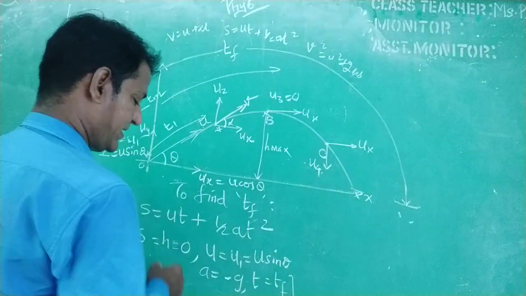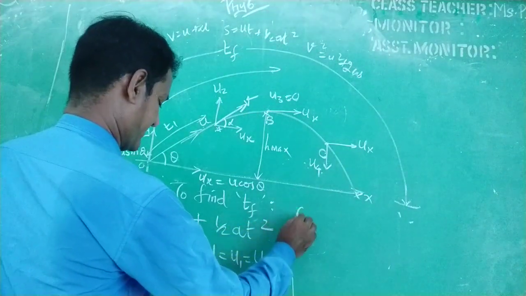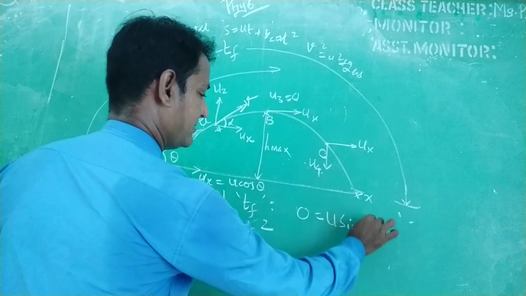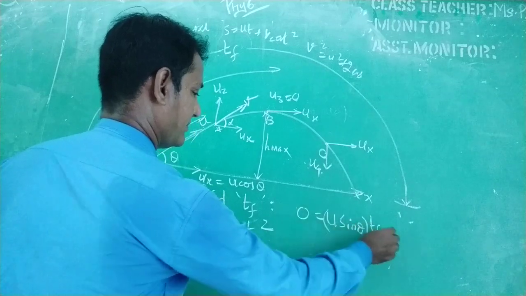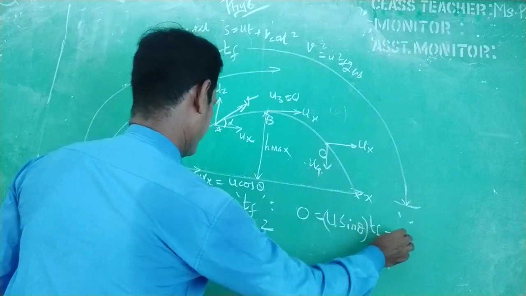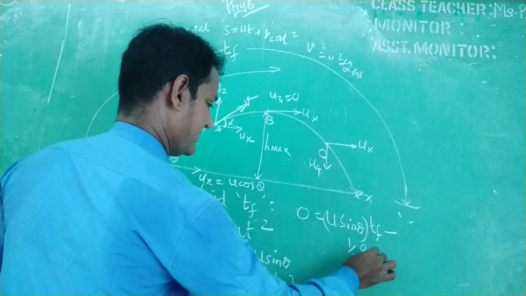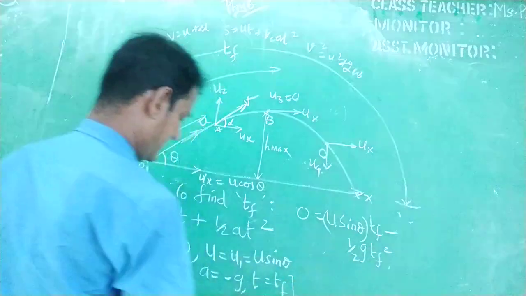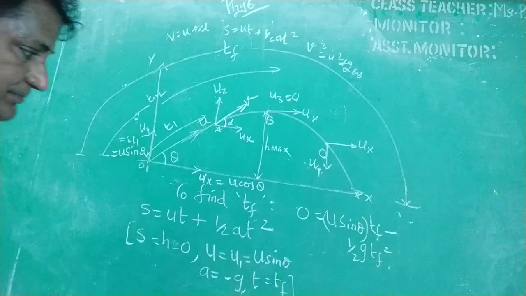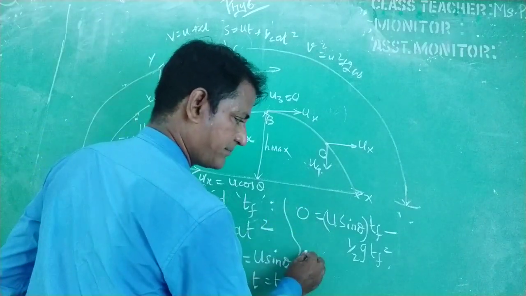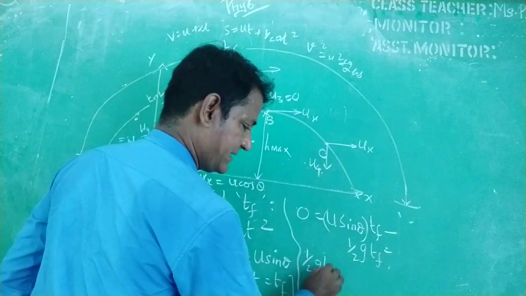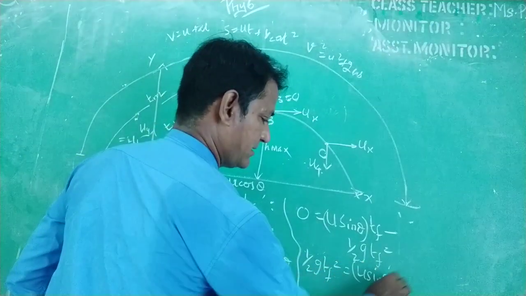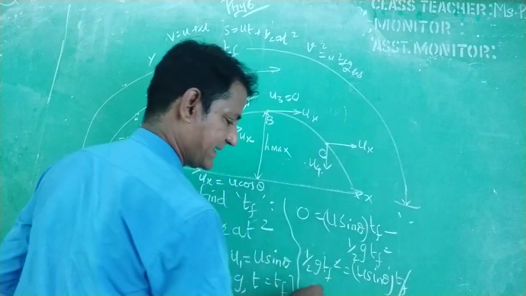So let me substitute the values here. 0 is equal to u sin theta into tf minus half g tf square. So let me rearrange this equation: half g tf square is equal to u sin theta into tf, one tf cancels.